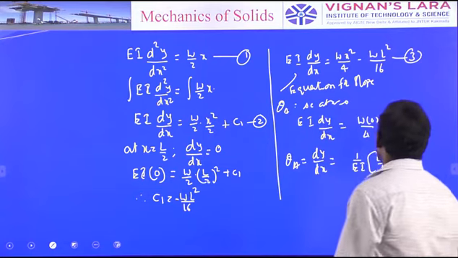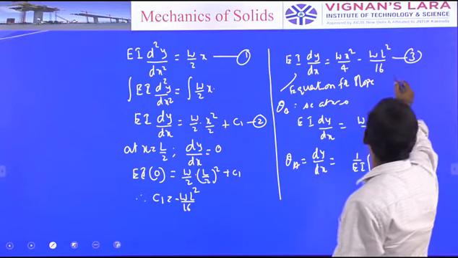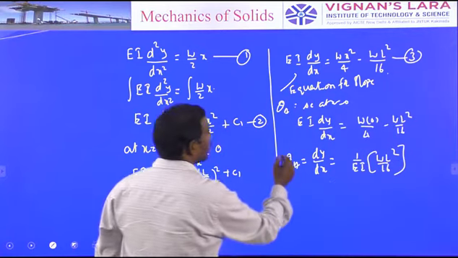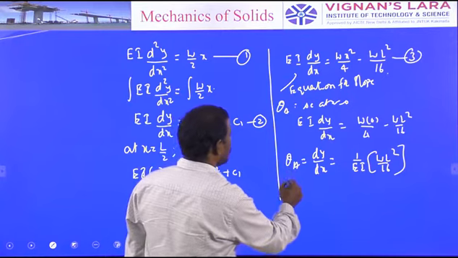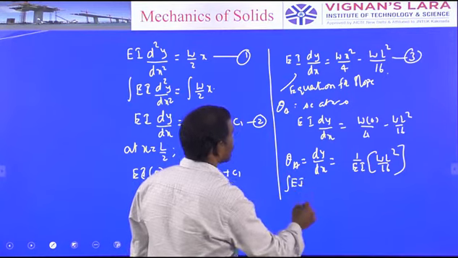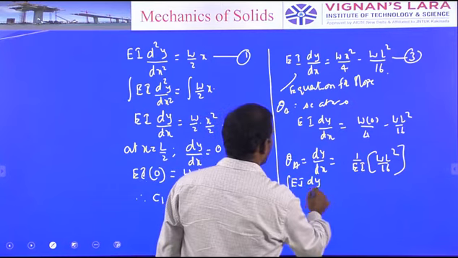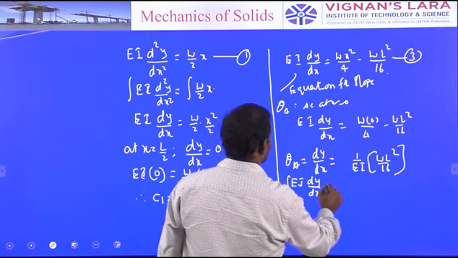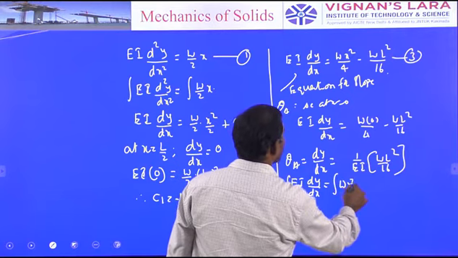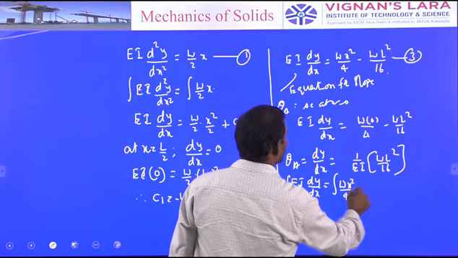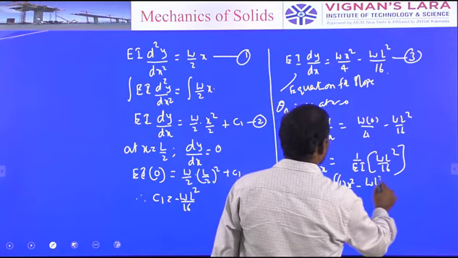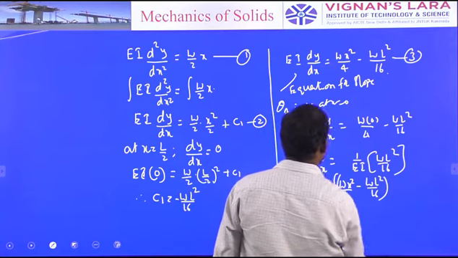Now differentiate the equation number 3 once again, that is, integrate equation number 3 again. Integral of EI into dy by dx is equal to integral of wx square by 4 minus wL square by 16.